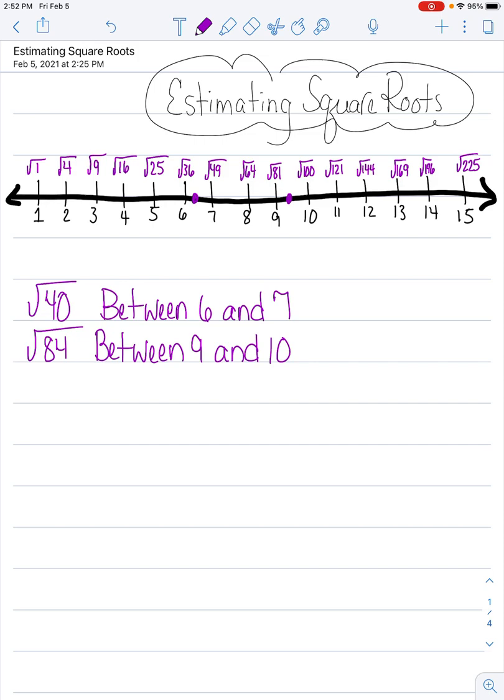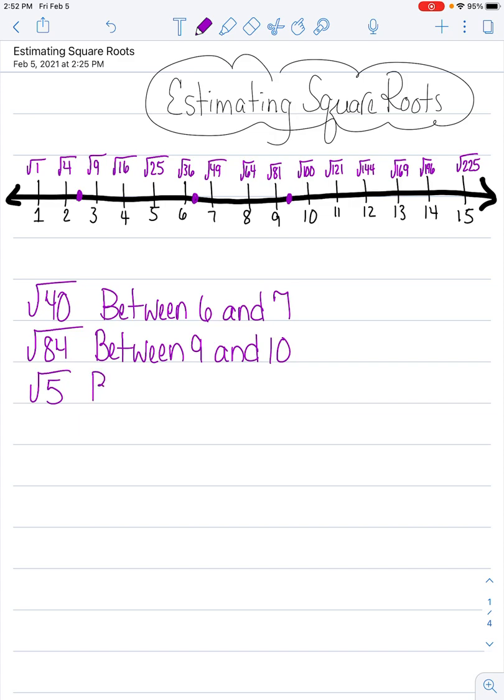Let's keep going. What if I wanted to estimate the square root of 5? So let's look at the perfect square roots up here. Where would the square root of 5 be on this number line? Well, I think it's going to be between the square root of 4 and the square root of 9, somewhere.